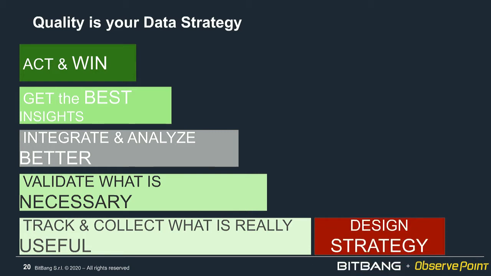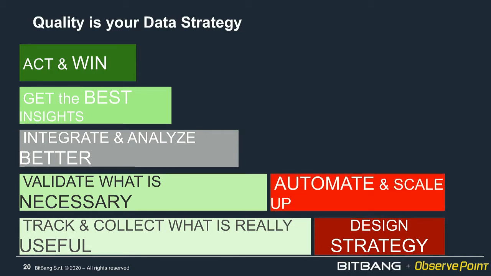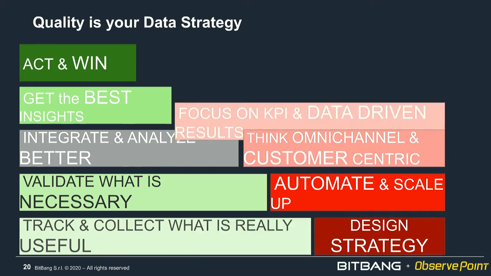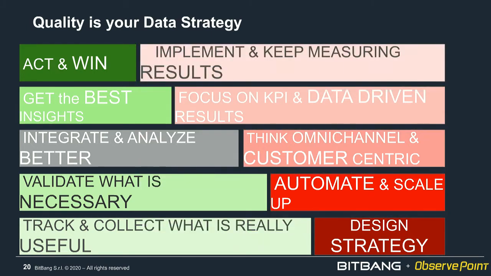On the other end, we have a phase of design strategy. We have to automate and scale up when we validate. We have to think omni-channel and customer-centric when we are going to integrate with other data. And on the other hand, we have to focus on KPI and data-driven results in order to have an implemented strategy and keep on measuring all these results.